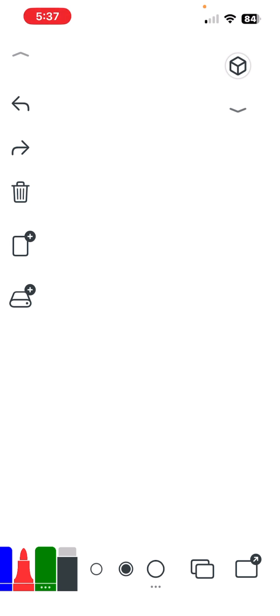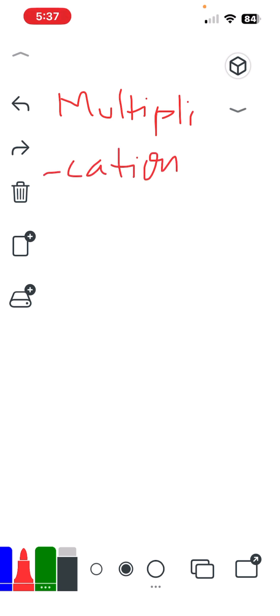Okay, so the first rule has to do with multiplication. Now, for a multiplication rule, we can write this equation in this format.